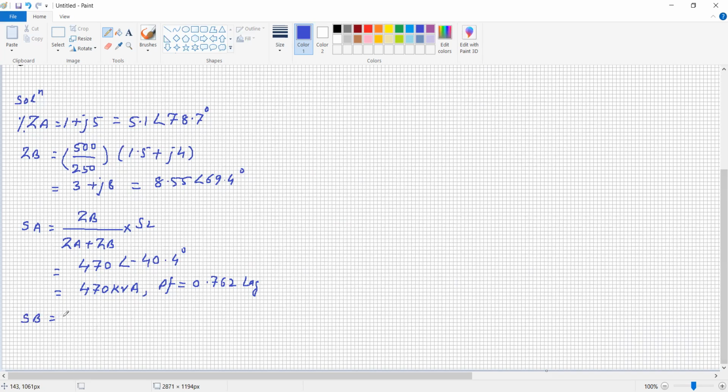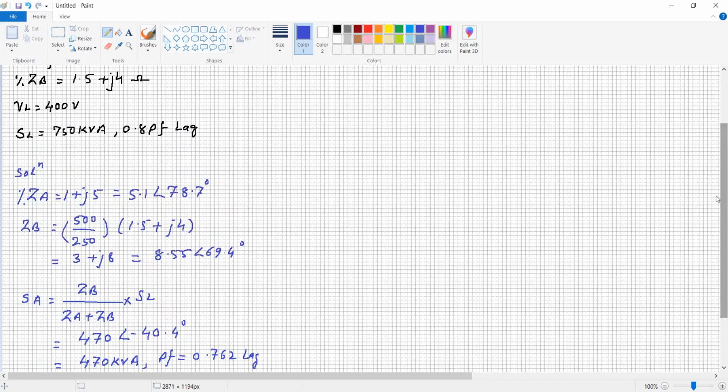Okay. Similarly, SB, the load shared by the second transformer, is ZA upon ZA plus ZB into SL. SL is given with 0.8 power factor, so SL is equal to 750 kVA at an angle of minus 36.86, since inverse cos of 0.8 is equal to 36.86.